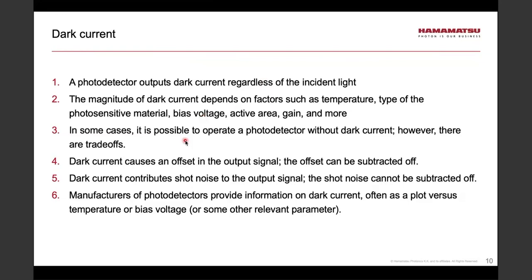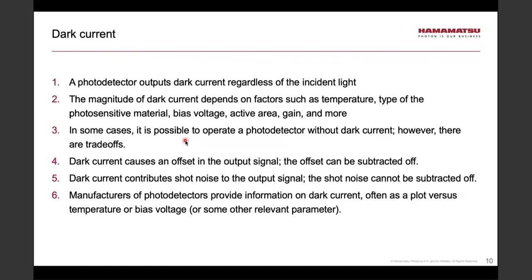There are, however, some situations, especially in the case of a photodiode, when one can operate a photodiode without the presence of dark current. However, this operation is not always favored since some trade-offs do exist. The presence of dark current will cause an offset in the output signal.